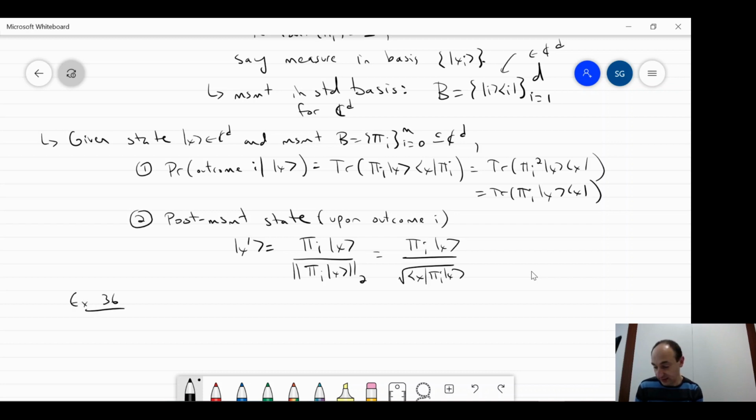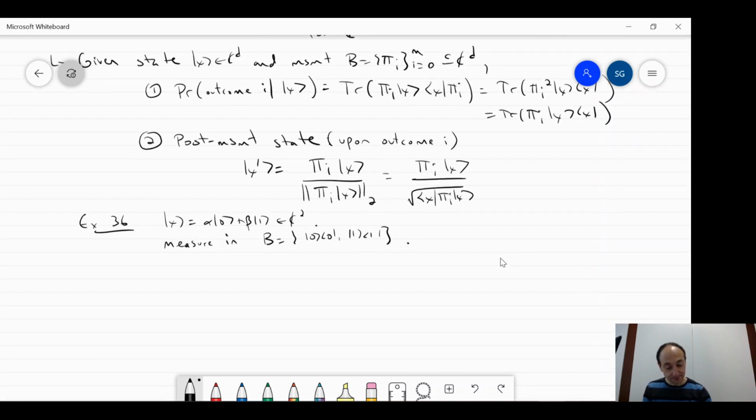And so let me just remind you, exercise 36, which says that if I have psi like this, alpha 0 plus beta 1, and we measure in the basis B equals 0, 1, the standard basis, then we obtain the probability of outcome, for example, 0, we'll just do one of them, equal to the trace of 0, 0 times the state psi.